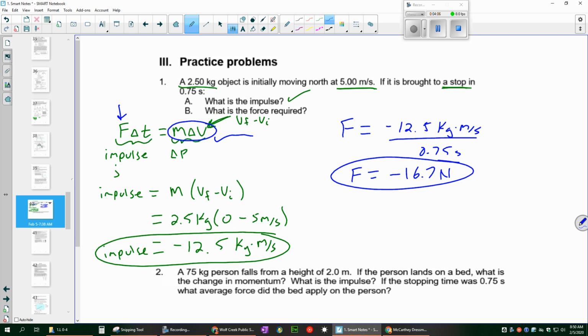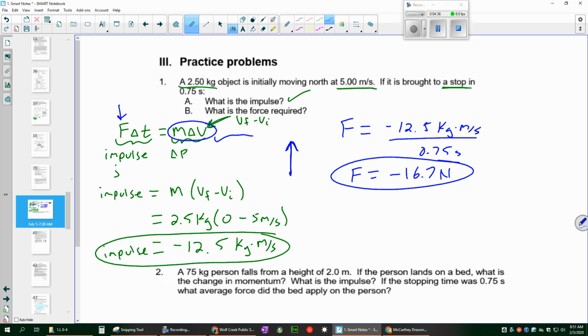Just a couple things I want to highlight here. Our impulse was negative 12.5. Let's make sure that makes sense with the negative. So this thing was moving north, and then it's brought to a stop. So our impulse was negative. That means if our object was moving north, the impulse was in the other direction, which makes sense. The impulse is almost like a resisting force pushing you back.